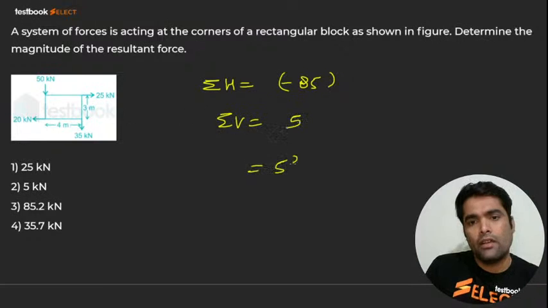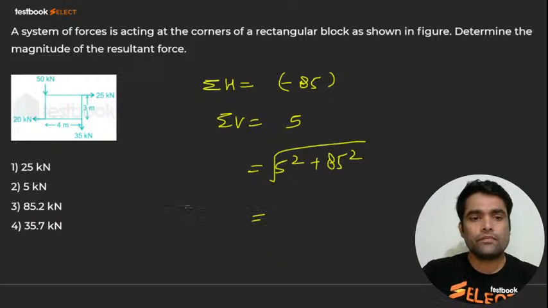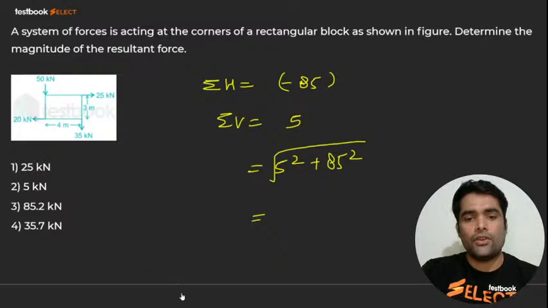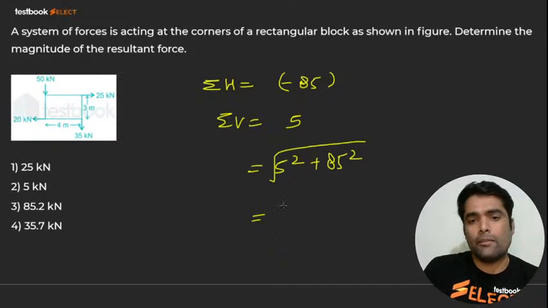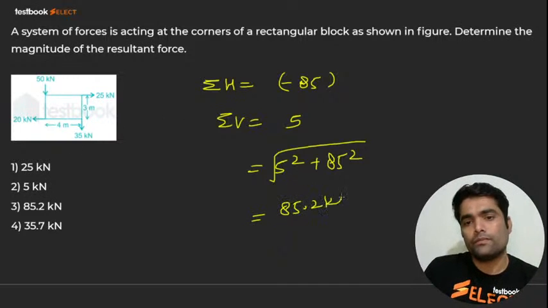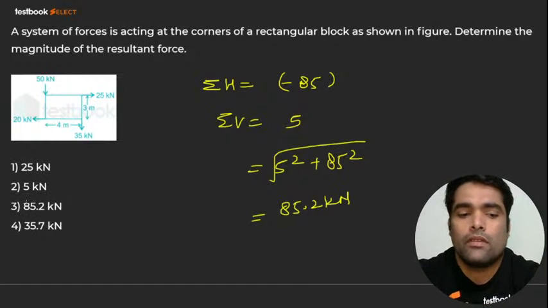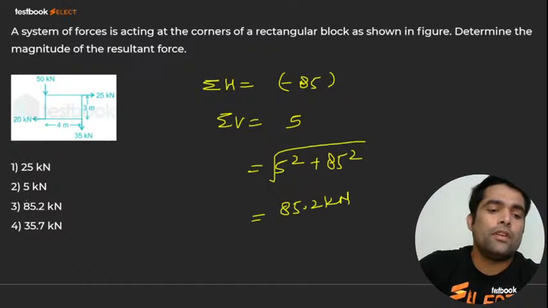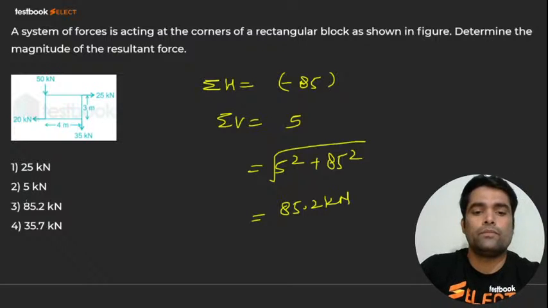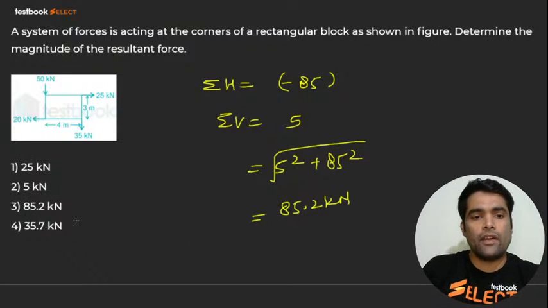Resultant will be the square root of 5 square plus 85 square, which is 85.2 kilonewton. I hope you got it, dear. It should be 85.2.